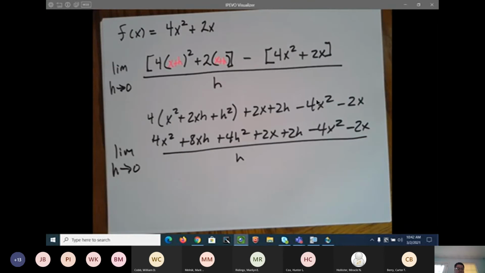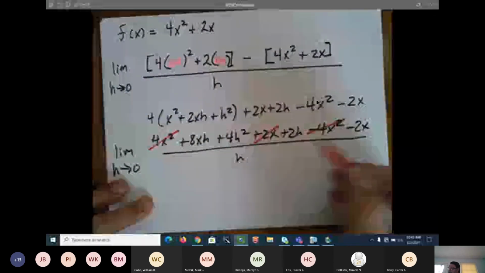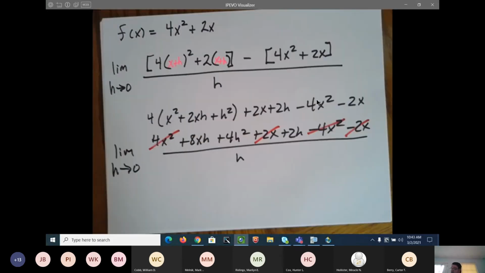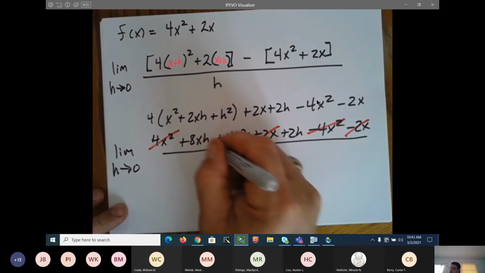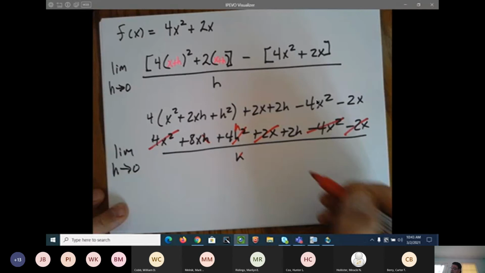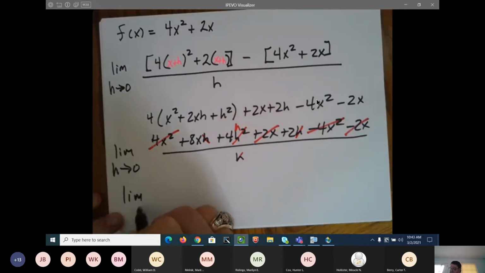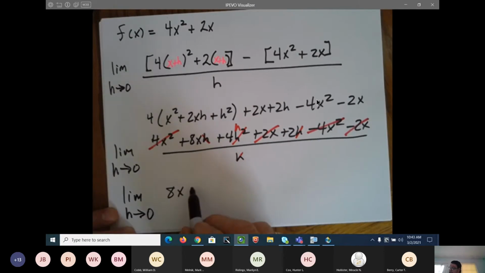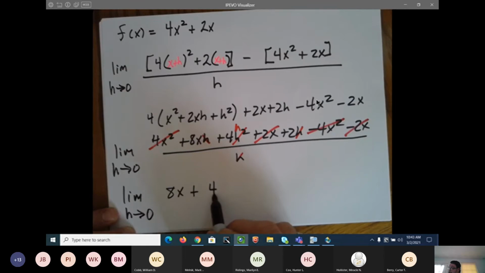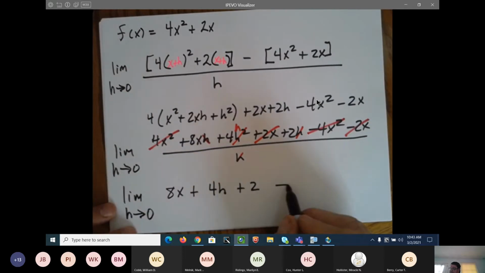Take my red pen out, and the 4x squareds go out, and the 2x's go out. And I'm going to go ahead and take that h, and I'll take that one out, leave an h there, and take that one out. Limit as h approaches 0 of 8x plus 4h plus 2, and somebody tell me what you get.